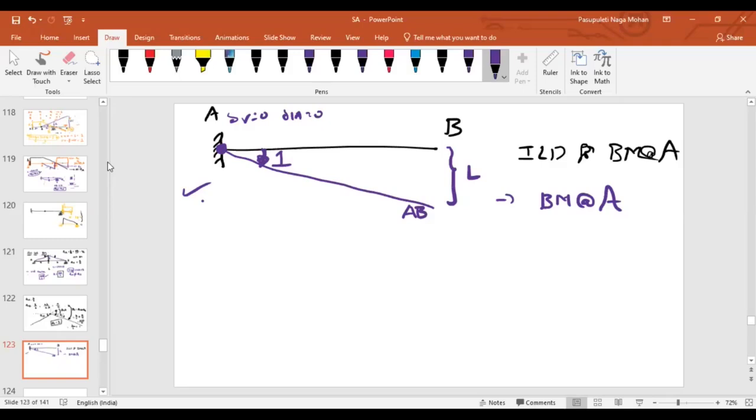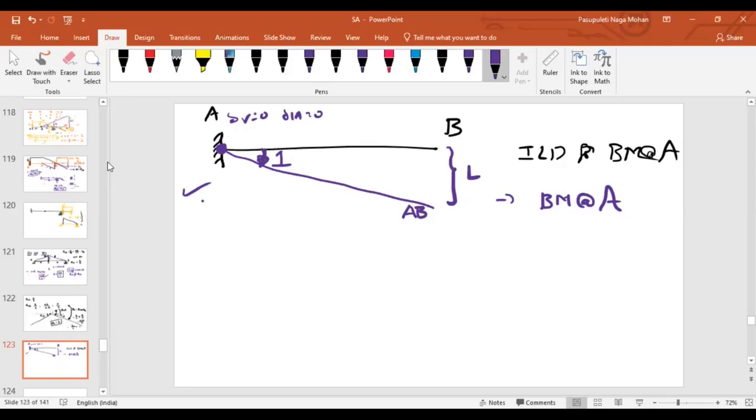To avoid that, we move that point by an amount AB by L. Then the net rotation is equal to 1 by adding the rotations of those two members. But if only one member is connected, you can directly apply a unit rotation there.